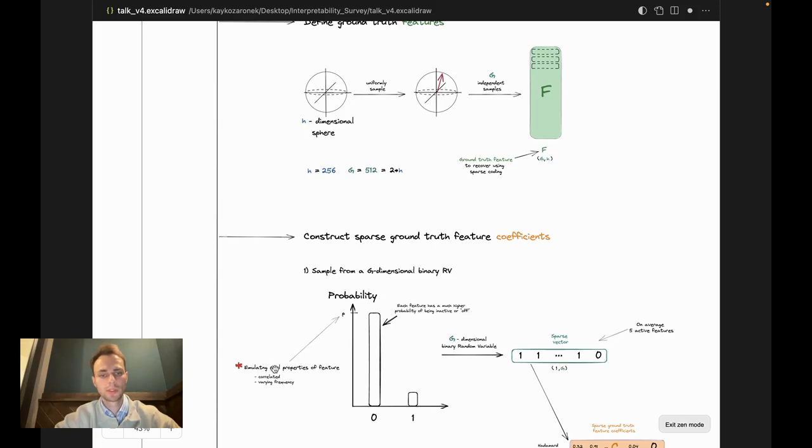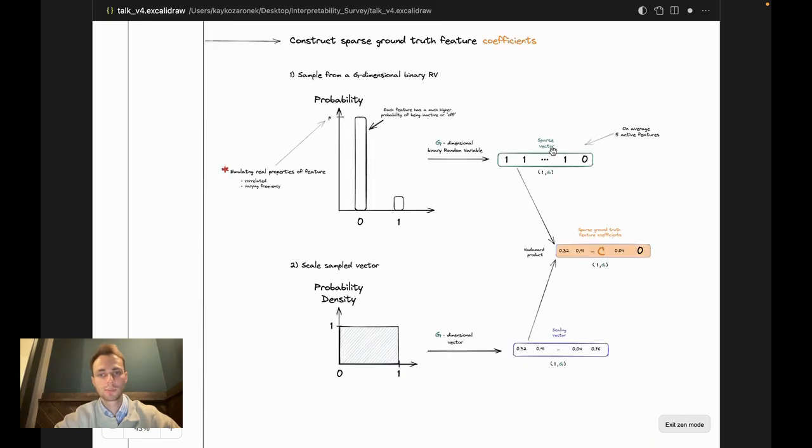Now, a side note here, to emulate the properties of features in real data, the authors of the paper correlate the probabilities with each other and vary the frequency with which they occur. Now, after obtaining the sparse vector, the authors choose to scale it with a vector that has the same shape, but is sampled from a uniform probability distribution between 0 and 1.